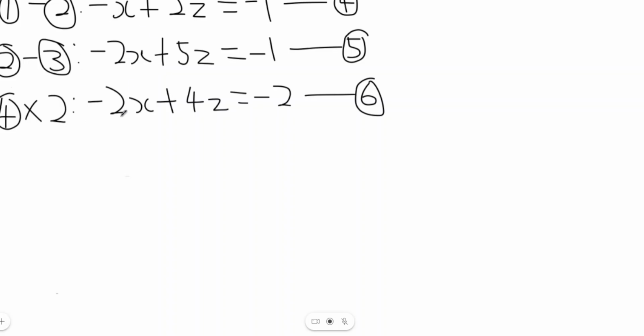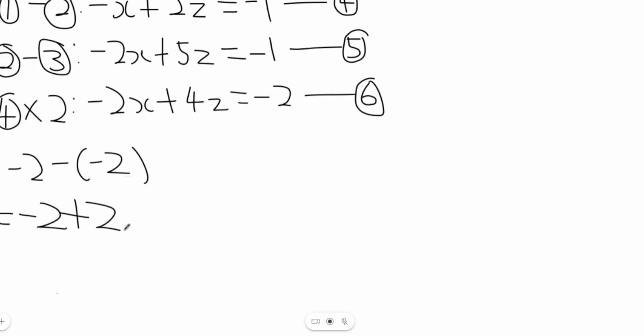Now, do we plus or minus it? Previously, we used minus, and then let's see if negative 2 minus negative 2, does it equal to 0? Let's try. Negative 2 minus negative 2, which is equals to negative 2 plus 2. And yes, it does indeed equal to 0.